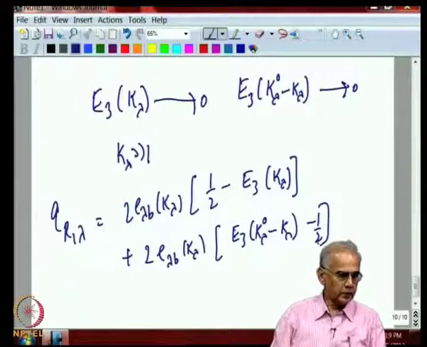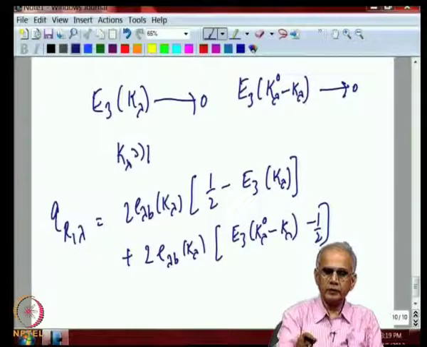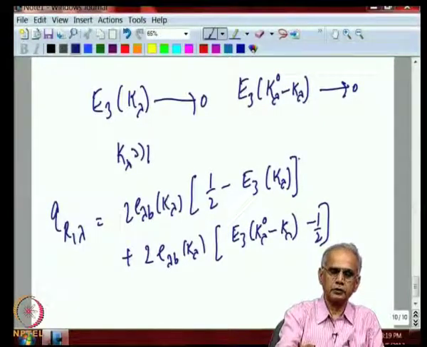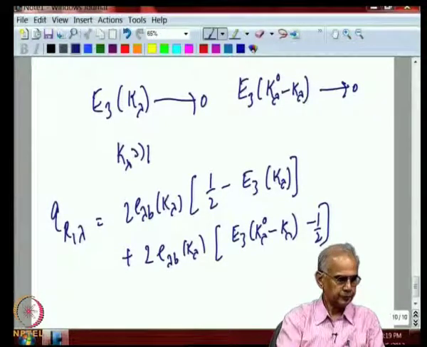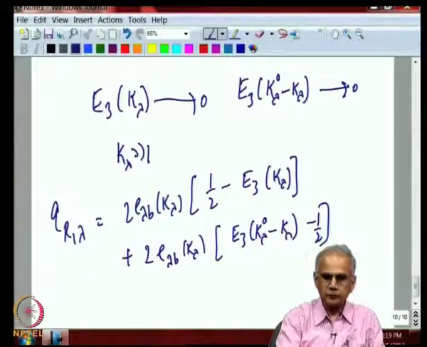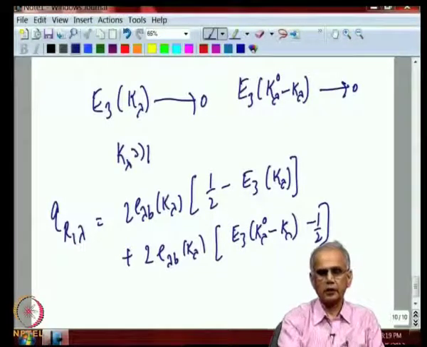Now, I want you to notice that many of these terms will go to 0, this will go to 0 because that is what I assumed, and these two will also get cancelled out, half and minus half.